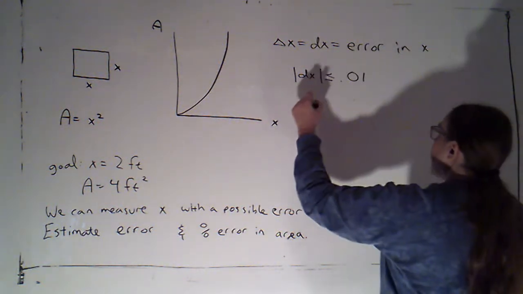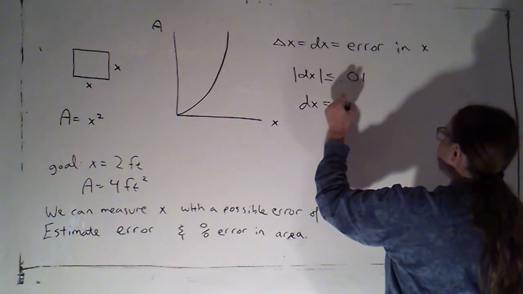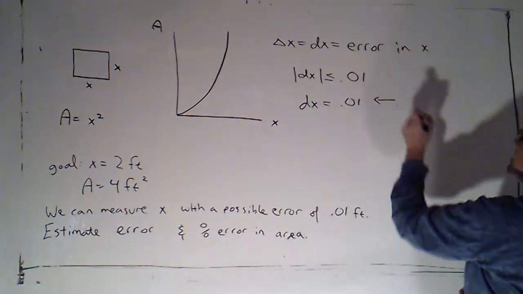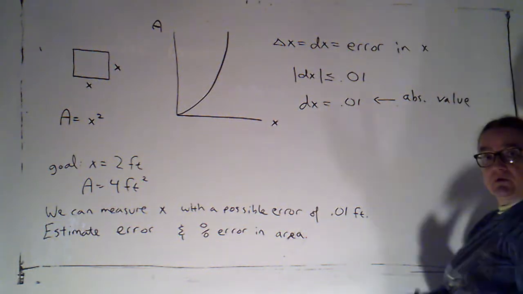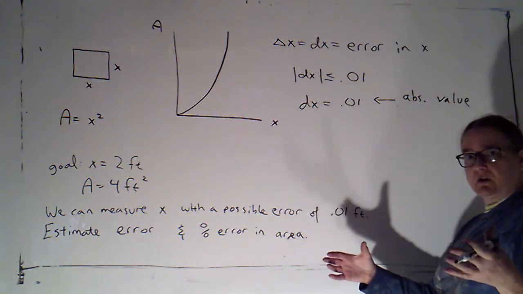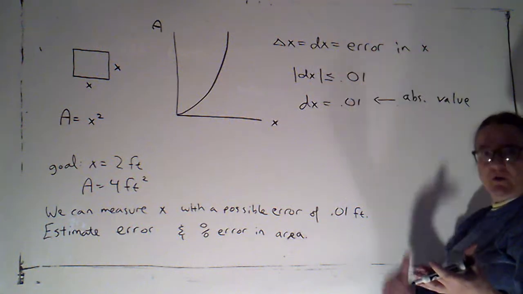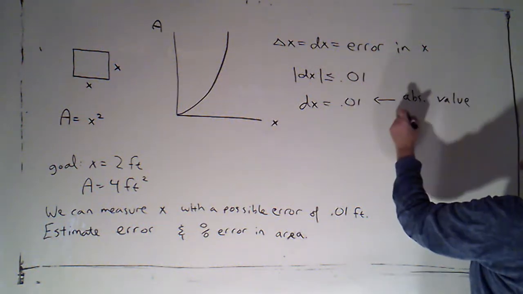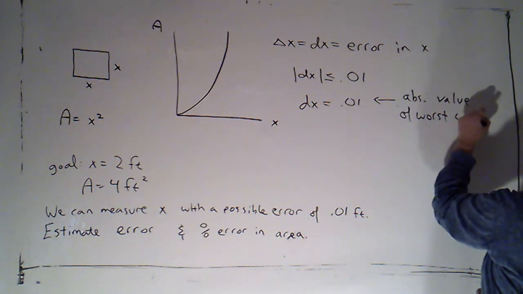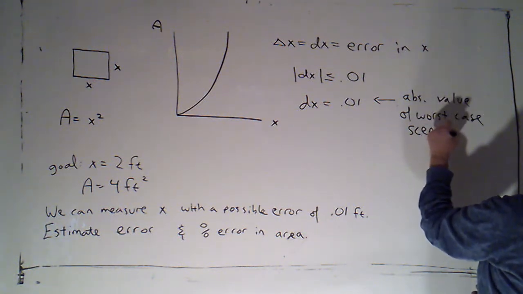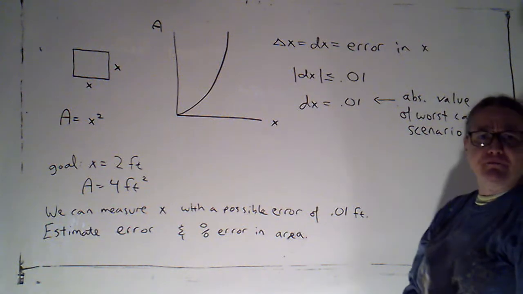But I'm okay if you do what the book does and just set it equal to 0.01. What you're doing in that case is saying that's the absolute value, just focusing on the amount, regardless of whether it's too big or too little by that amount, the worst case scenario. And that's the scenario we want to make sure we're prepared for.